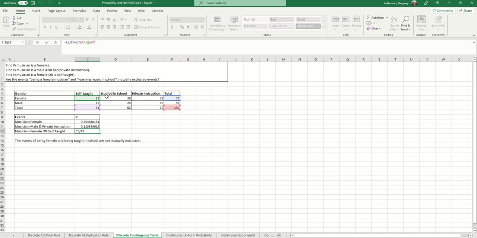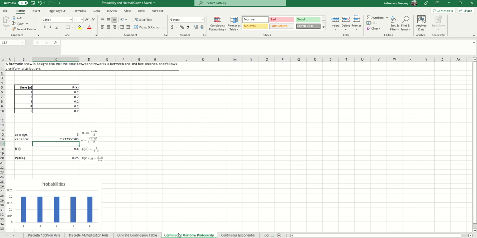Okay. So we have females over the total, we have self-taught over the total, females self-taught over the total, and then we're subtracting out 12 from the overall calculation to give us 0.7. So this gets a little more complex as we start changing the parameters of our probability.